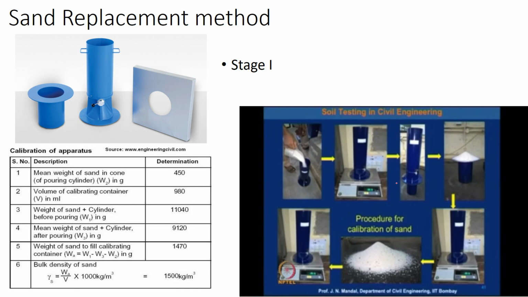So first you measure the weight of the cylinder before pouring into the container, then the weight after pouring, then the weight after forming this heap. When you subtract these weights, you will know the exact weight of the sand in this container. That weight divided by volume will give you the density of sand. So now we have the density of sand, which will help you in your second stage.